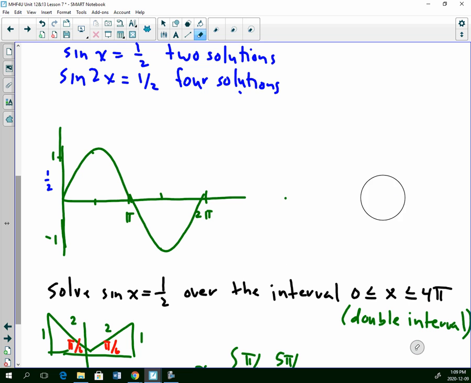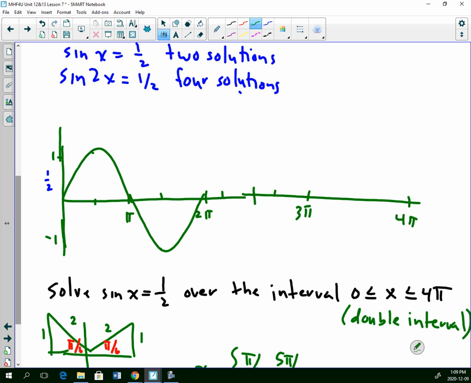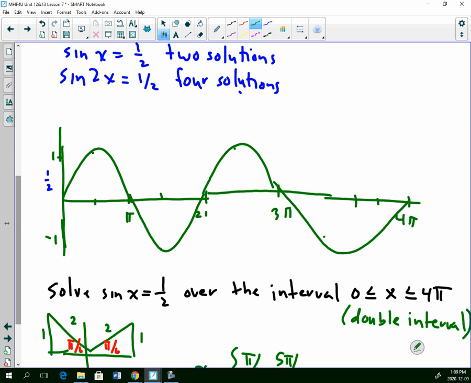Let's fix this so it actually looks a little accurate. Okay, so that's just a sketch. So there's my graph 0 to 4 pi, and here's 1/2.